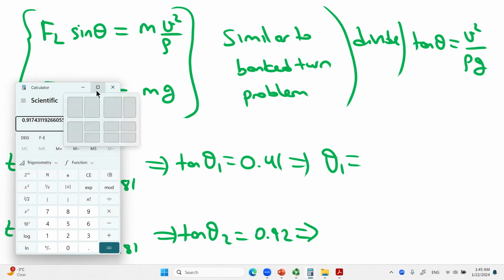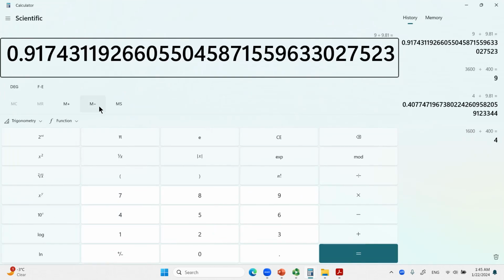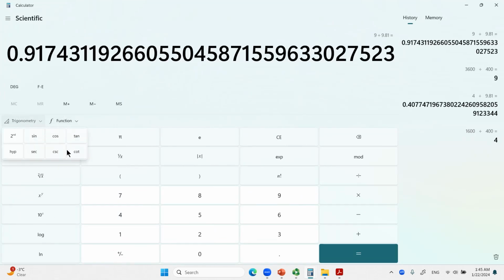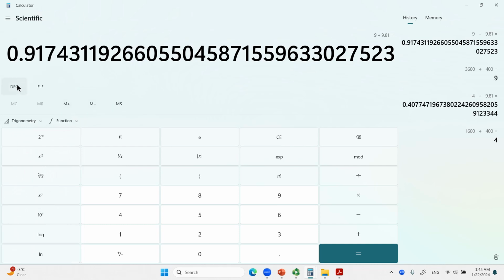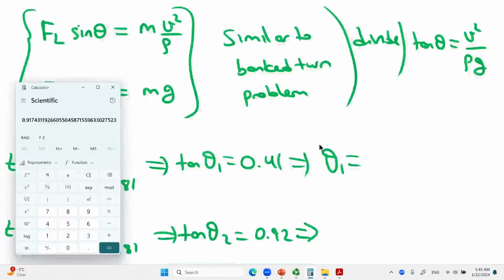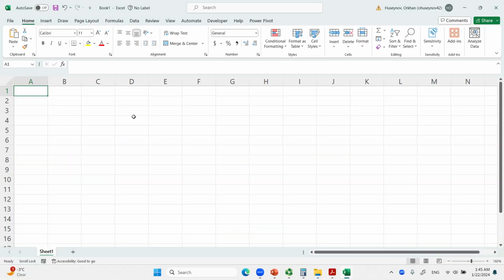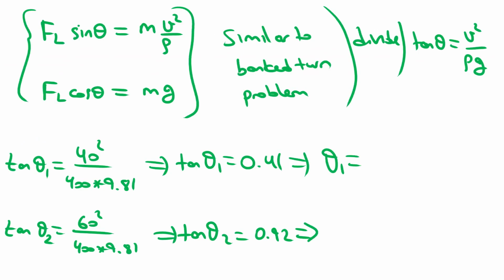Okay, from here we can find theta 1. Let me use Excel for finding this one. So I mean the arctan of 0.41 is 41 actually.